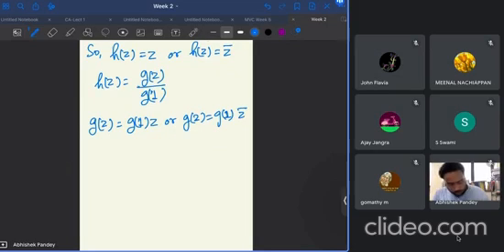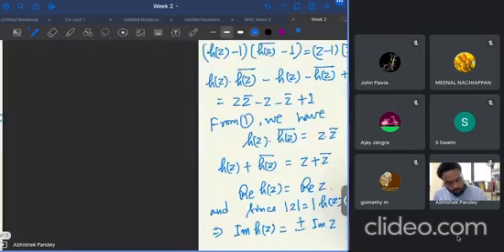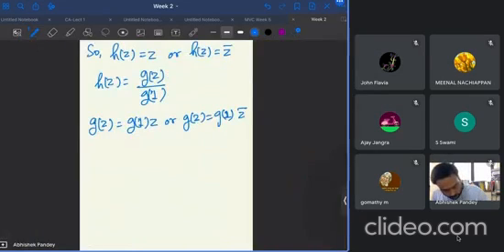Now what is g of z? So g of z is fz minus f of 0. So fz minus f of 0 is equal to g1 of z.